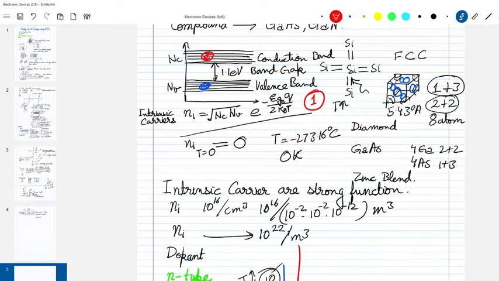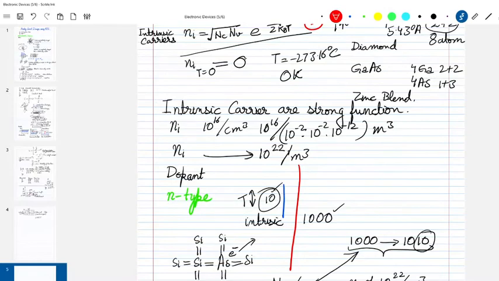So that's why there is a root of Nc and Nv here. Then if Eg is large, then Ni is going to be small, because fewer electrons can cross over, right? So if Eg is large, then Ni is small. And similarly, if temperature is low, then Ni is small, right? So the dependence is very clear with this equation, with the intrinsic carriers.